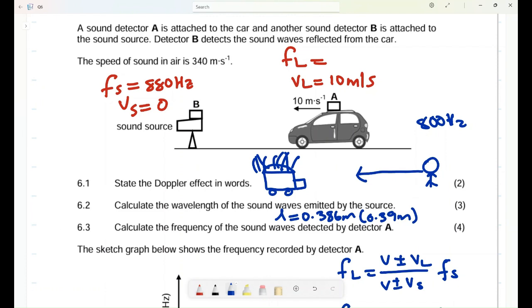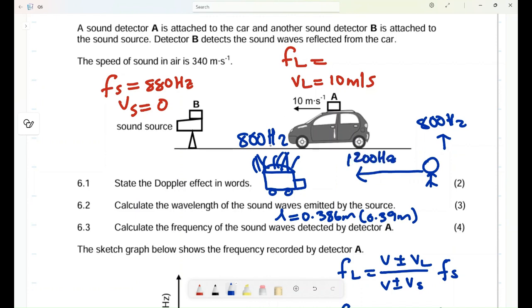Do you agree with me? When I approach the ambulance, the sound becomes higher. We translate that into frequency, so the frequency detected will be higher, the pitch. Initially, let's say it emits 800 hertz; at that distance I will detect 800. But as I move closer, I will detect a higher value.